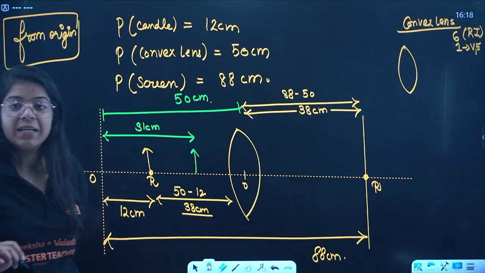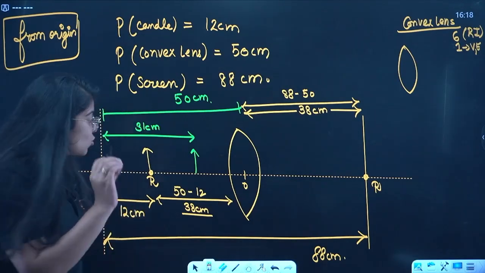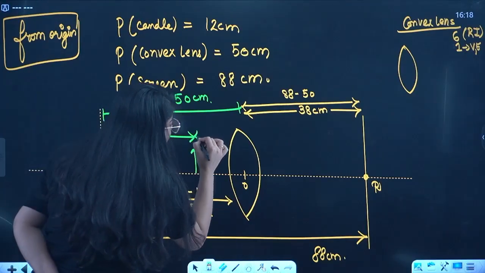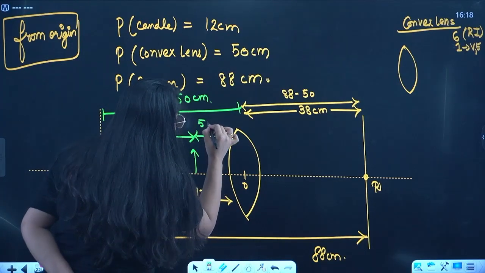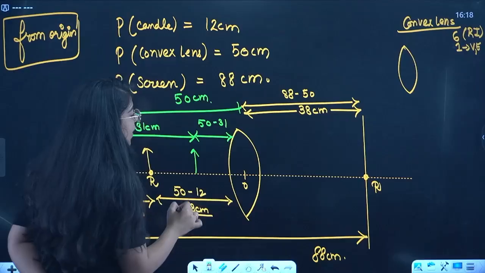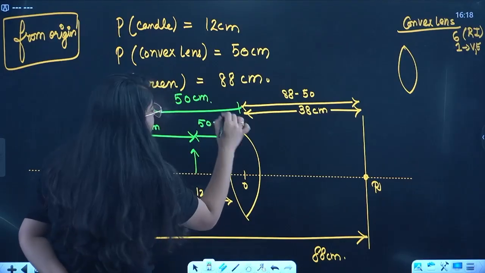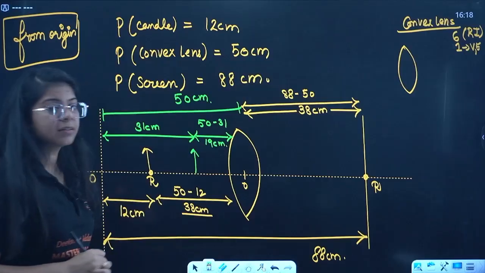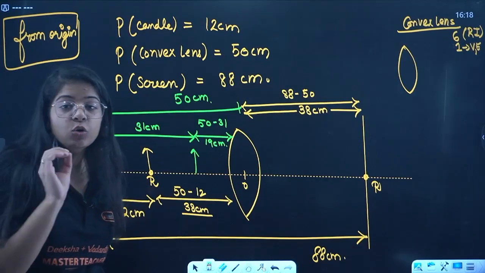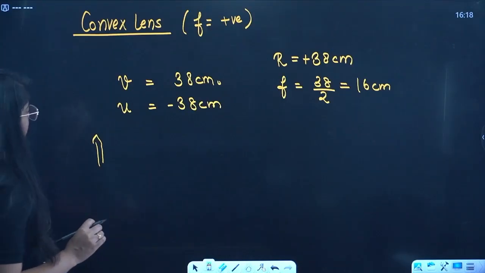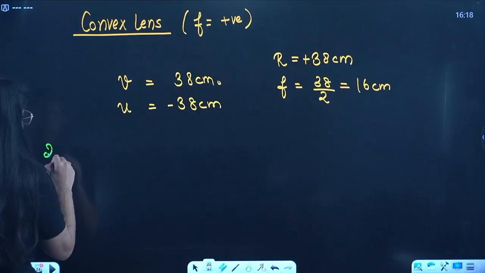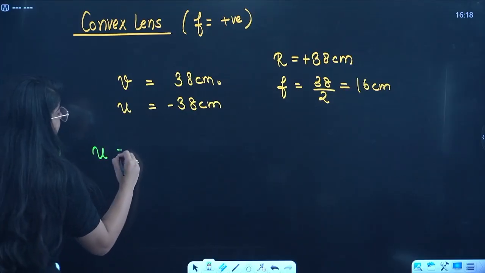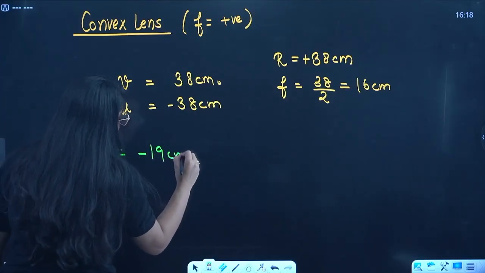Now what will happen beta? Look, this means what? That this U becomes what? 50 centimeter minus 31 centimeter. That is what? That is your 19 centimeter. Right? 19 centimeter, correct? So this is a second case where your U becomes minus 19 centimeter.